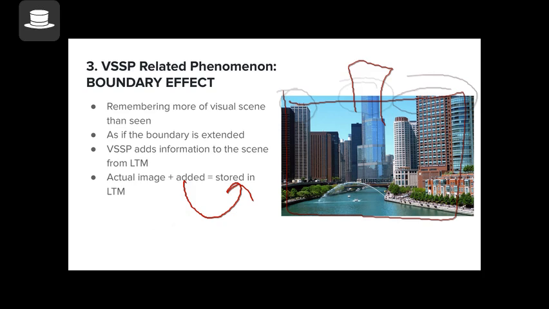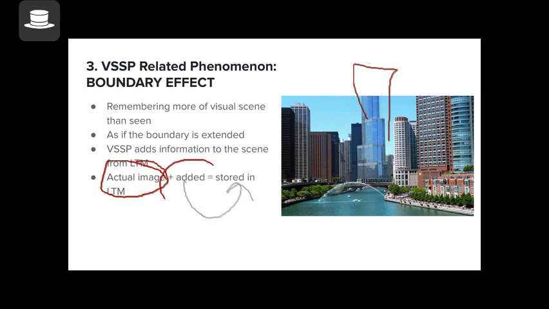So when participants are asked which image did you see before, you select the one that has more information, because your long-term memory has stored not only the actual image but also the additional information that your VSSP has added to it by pulling it from long-term memory, and this is called boundary effect.